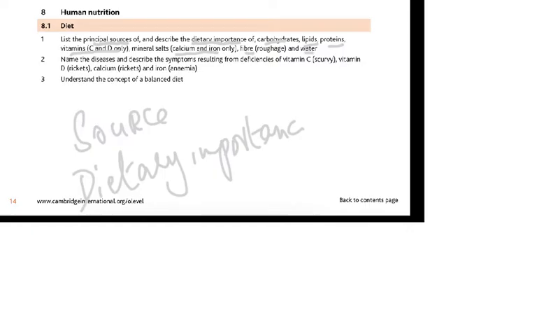So you have to know the sources and the importance of these 9 different headings: carbohydrates, lipids, proteins, vitamin C and D, calcium and iron, fiber and water.